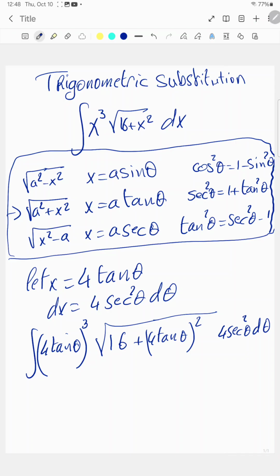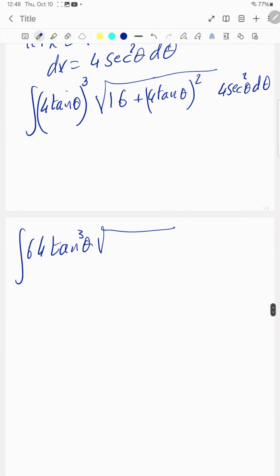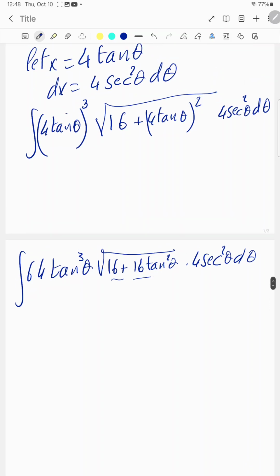Now I know 4 to the power of 3 is 64, so my integral becomes 64 tan to the power of 3 theta over the square root of 16 plus 4 squared, which is 16, tan squared of theta, times 4 sec squared of theta d theta. Now I have 16 common between the two additions, so I factor out 16.